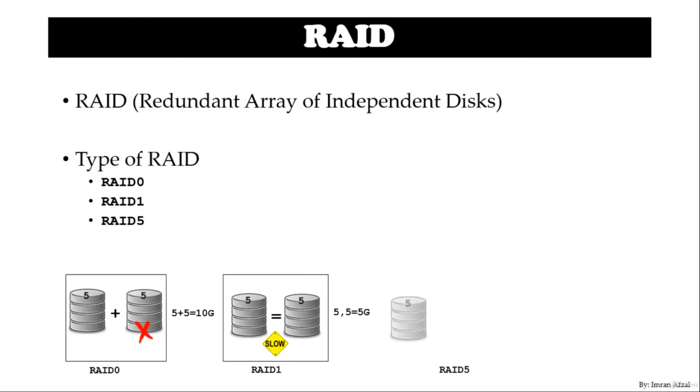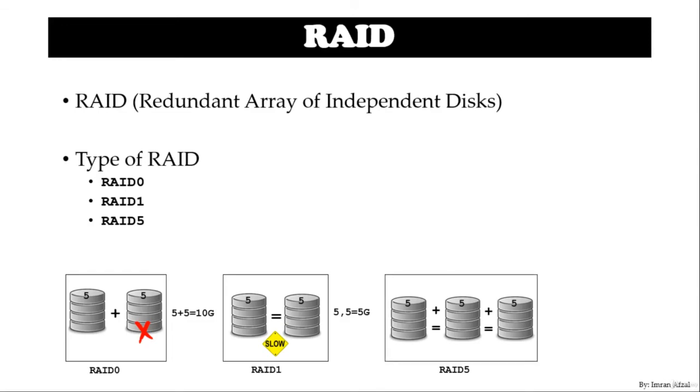In RAID 5, you have one disk, right? Then you have another disk, but this time you don't just add to it. But in RAID 5, you have to have 3 or more disks. Why? Because the way RAID 5 works is it will write to the first disk and it will put some information about that data on the second disk.